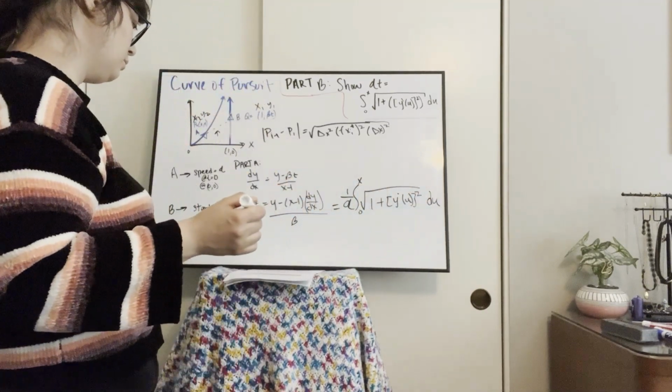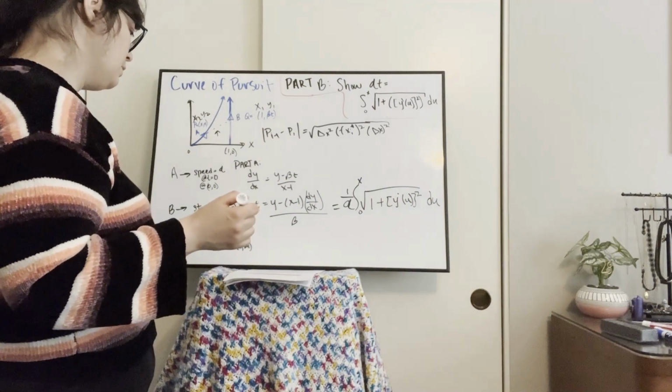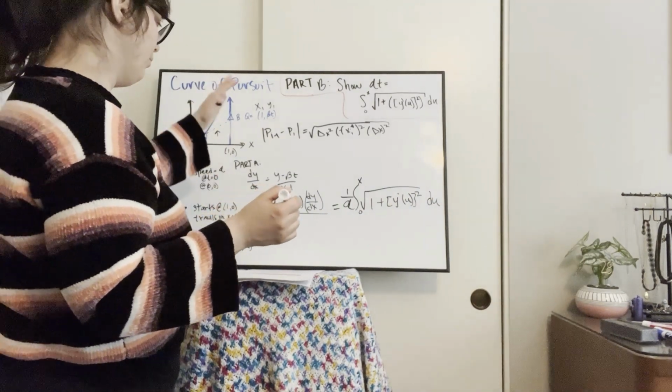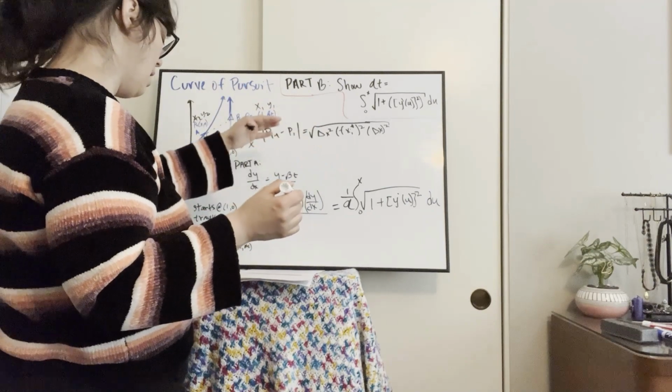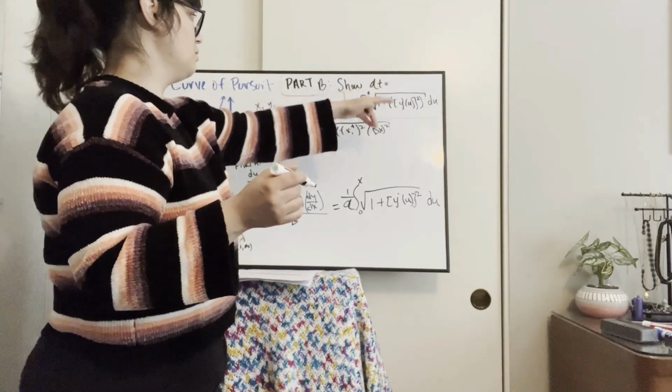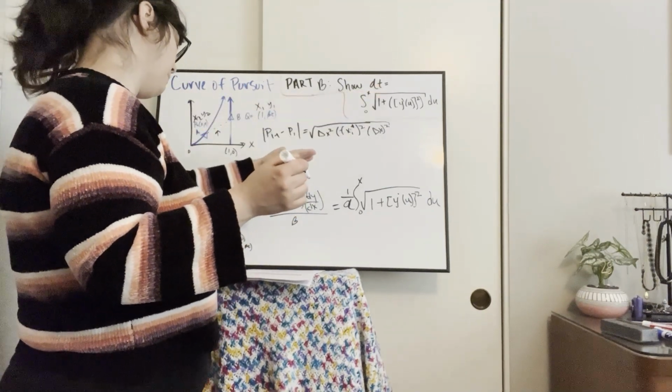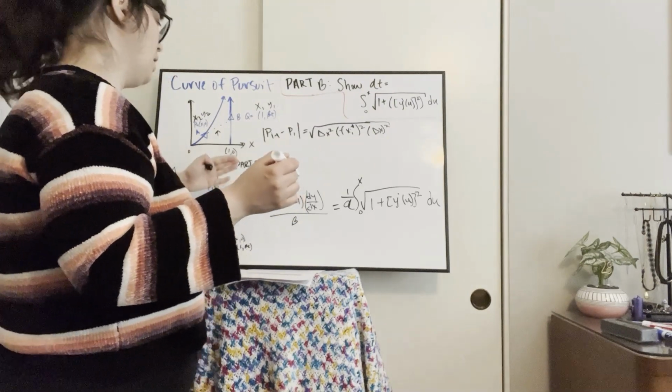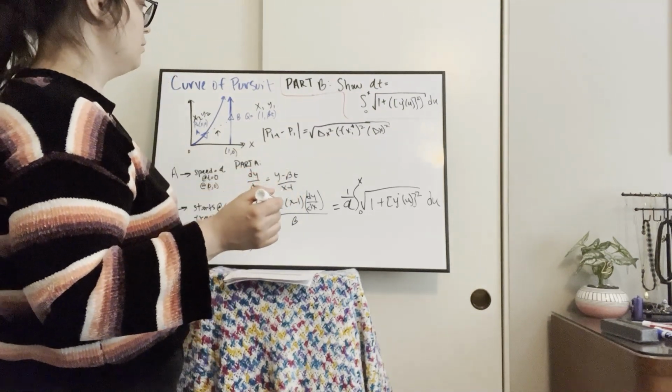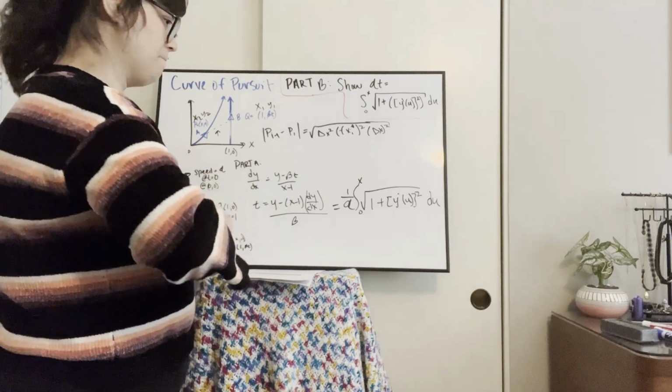Awesome. So we simply divided by alpha on both sides and solved for t on the right hand side, which is what we did from part A.